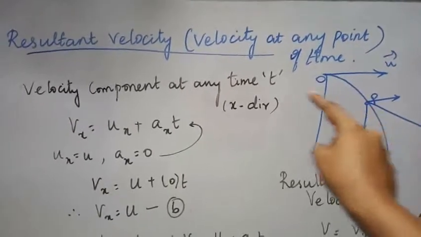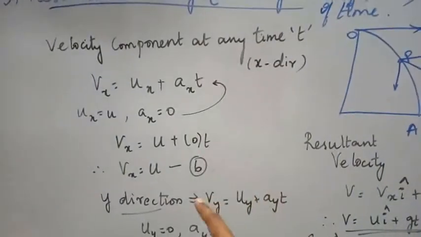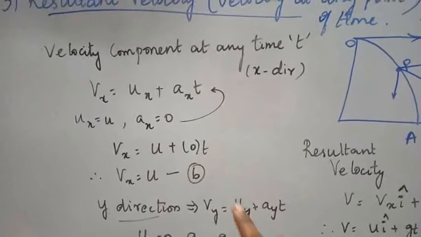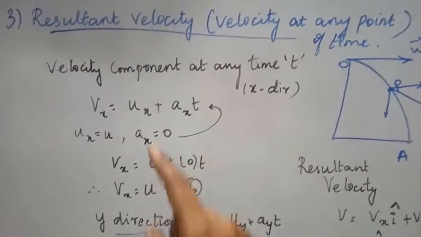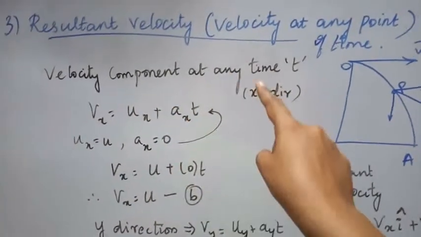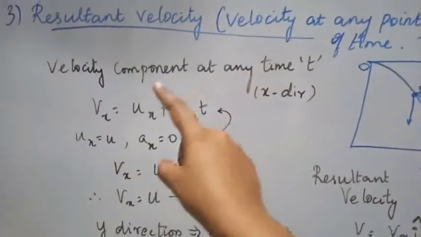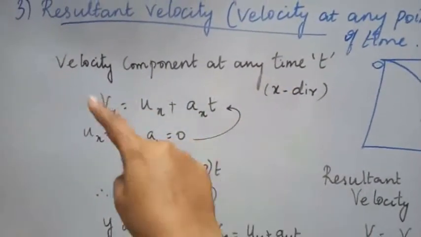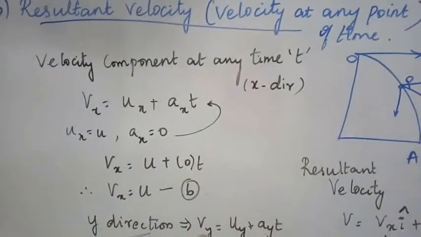This is what will give the velocity value at this point. So I have to go for the horizontal component, that is in the x direction, and the vertical component, that is in the y direction, for velocity. So you know velocity is v. From the equation v equal to u plus at, I am going for x direction and y direction. So velocity for x direction, Vx is equal to ux plus ax into t.